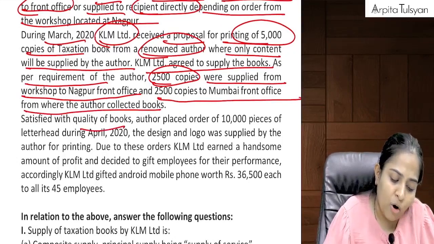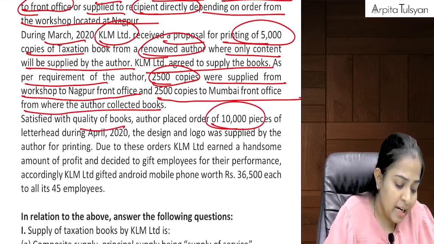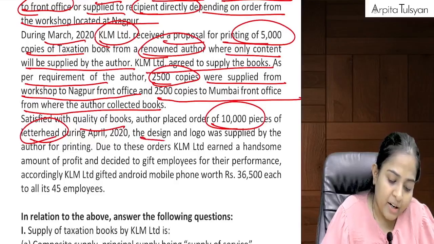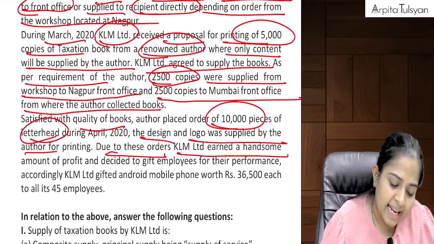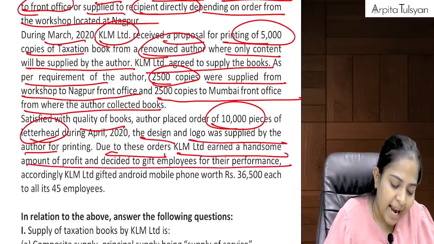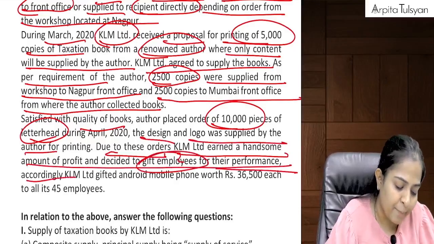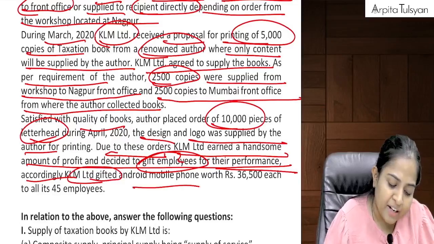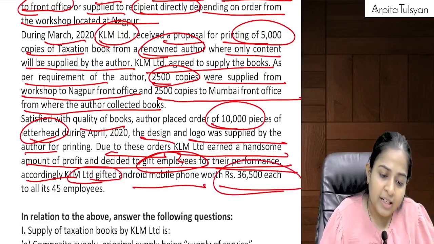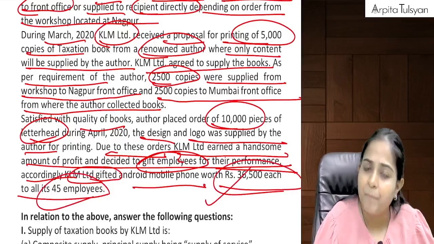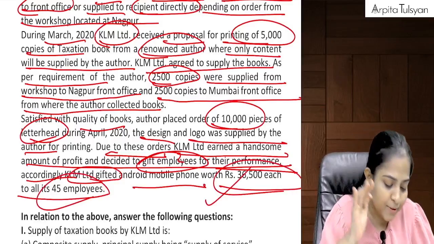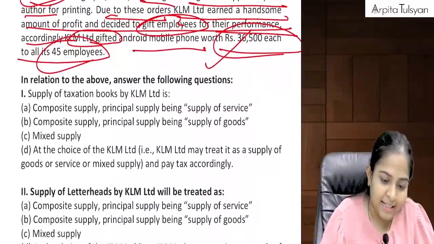Satisfied with the quality, author placed another order of 10,000 letterheads. Design and logo was supplied by the author. Due to these orders, KLM earned a handsome amount of profit and decided to gift employees for their performance. Accordingly, KLM gifted Android mobile phone worth 36,500 each to all of its 45 employees. Gift amount is less than 50,000 rupees, so that will not be GST attracted.